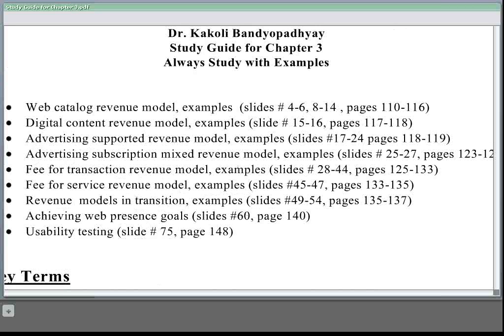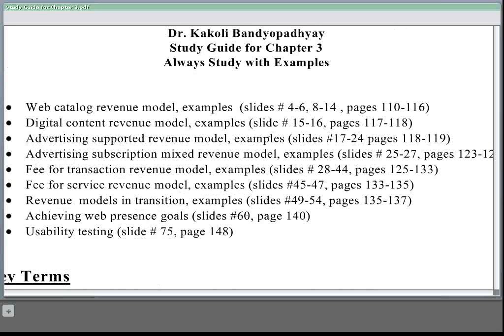The first one is a web catalog revenue model. These are companies taking their catalog online. The web catalog revenue model strategy and technology is used by companies that take their catalogs online.